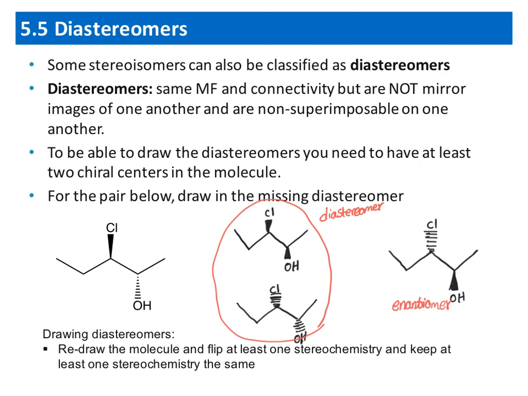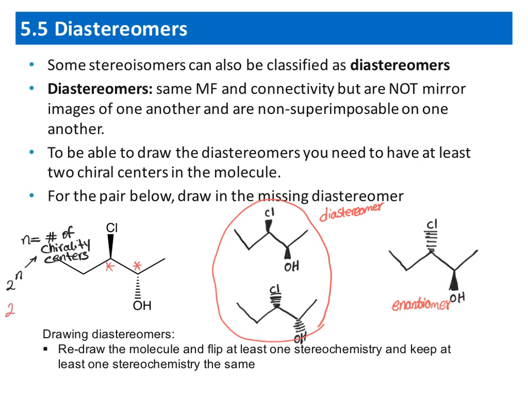Now there is a formula which is 2 to the power of n, where n is the number of chirality centers. Using this formula, you can decide how many stereoisomers you can draw for a specific molecule. For example, here we have 2 stereocenters.